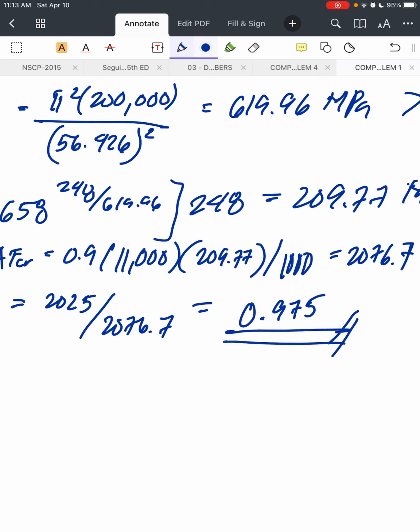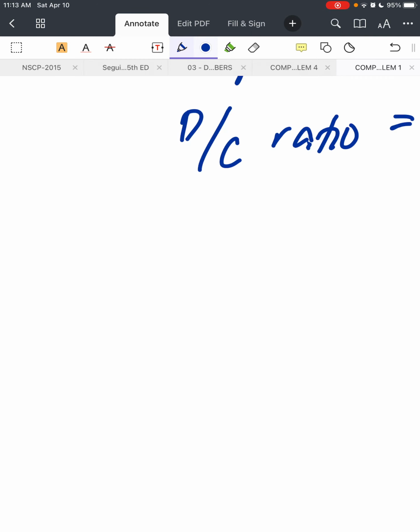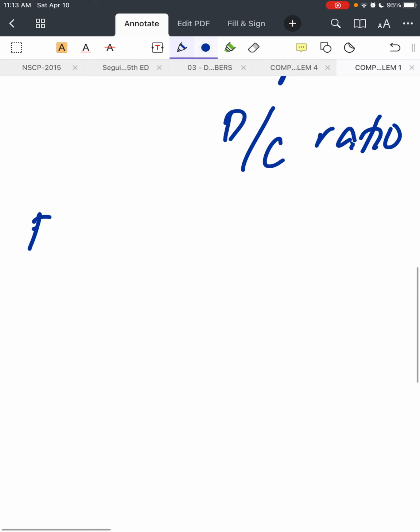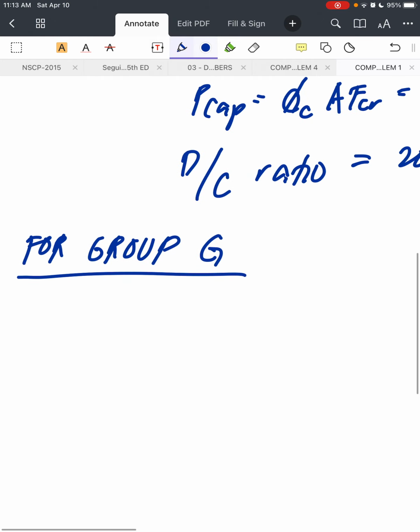Right? And lastly, for group G, okay, last group. So for group G, your L is also equal to 4. So let's try W12x87.